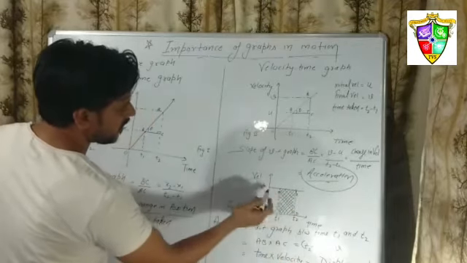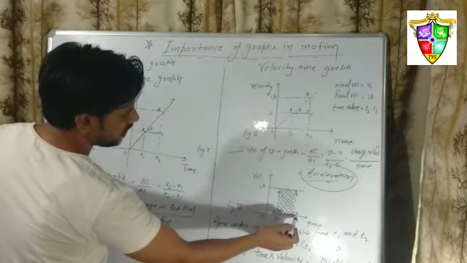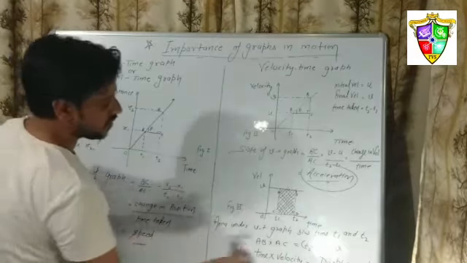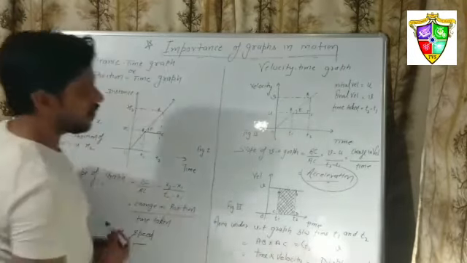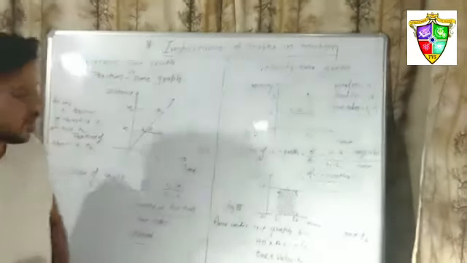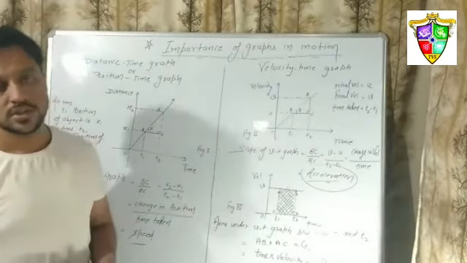AB is t2 minus t1, and AC is this constant velocity V. So the area is (t2 minus t1) into V. So time into velocity, and time into velocity is displacement. So the area under velocity time graph gives us displacement.